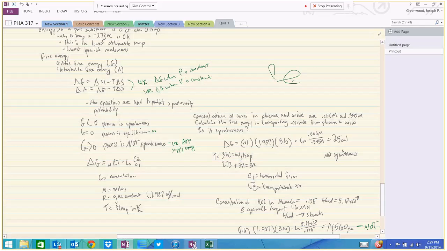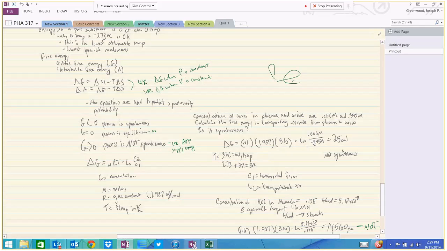The only thing that's important to remember is that when you're talking about concentration 1 and concentration 2, concentration 1 is always where it's coming from. So this question is asking you to calculate if 0.01 moles of urea transferring from plasma to urine is spontaneous.